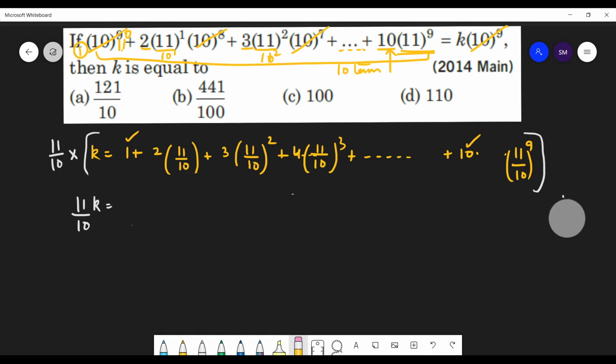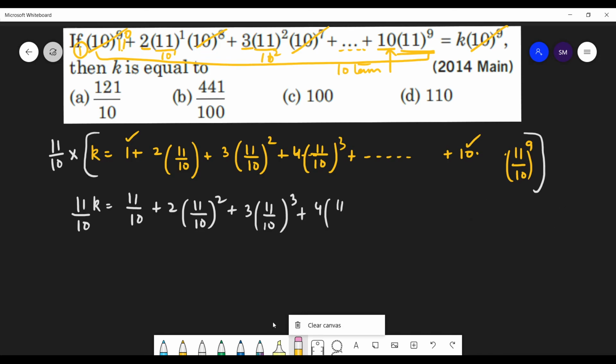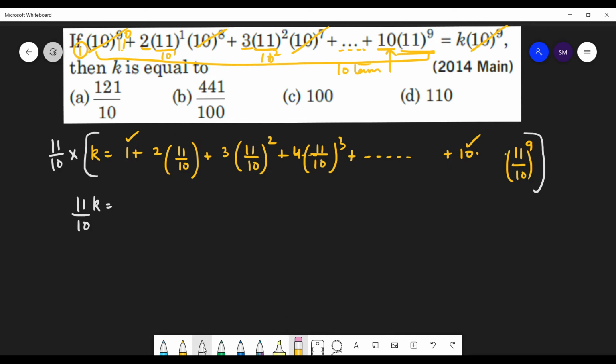It's better if I write these terms differently, because I will be subtracting. That is why I'm doing all this. So this term I will be writing here, plus this term I will be writing here.